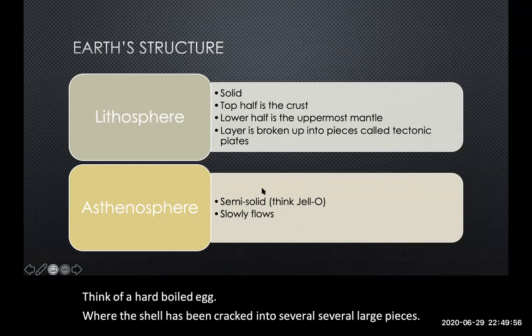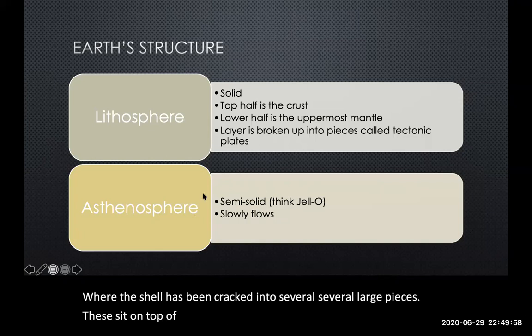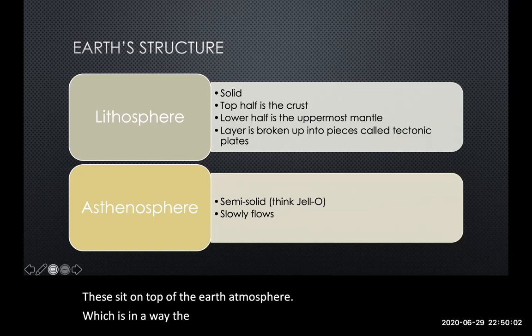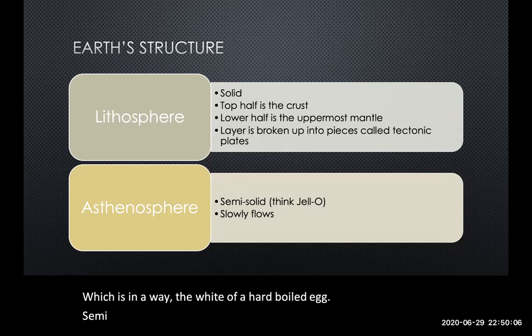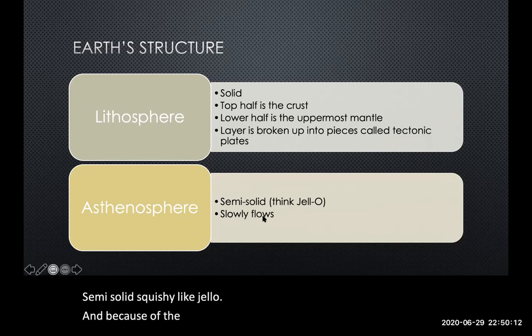These sit on top of the asthenosphere, which is in a way like the white of a hard-boiled egg, semi-solid, squishy, like jello. And because of the heat, it is slowly flowing. And more on these guys later.